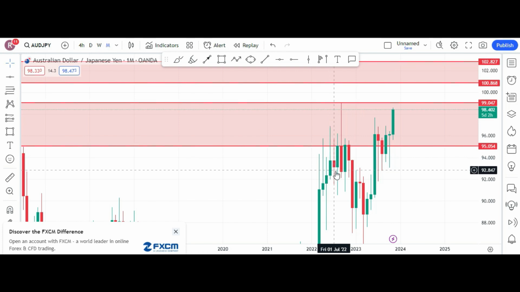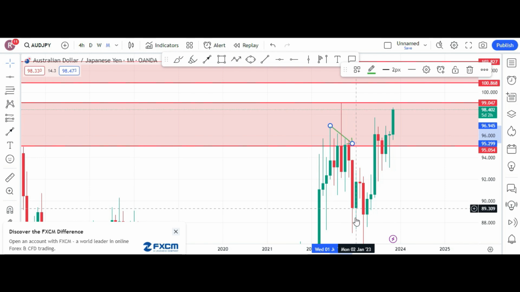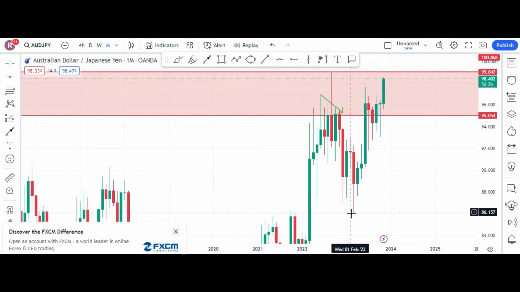Then this red candle pushed the price here or maybe up here. Then it got back here and closed here. Again a green candle tried to push the price, failed, came back. Again a green candle tried to push the price, and you can see here each time when it pushed, the price created a lesser peak, and that pushed the price back again into this zone.